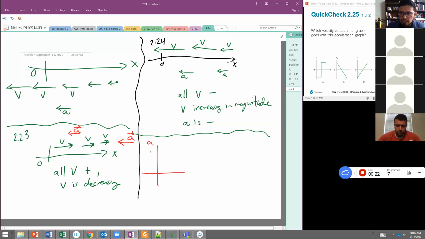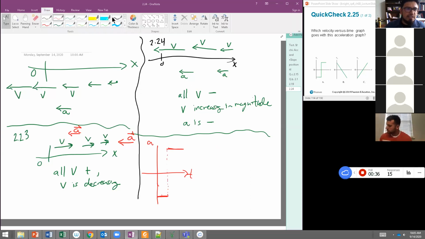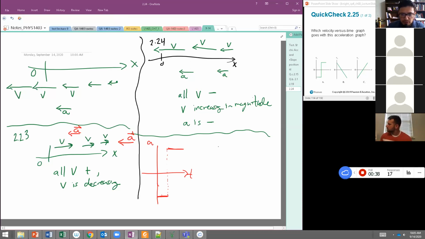Initially, at the initial times, we're talking about a negative acceleration, and then suddenly we switch to a positive acceleration. You want to remember that the slope of the velocity versus time graph is going to give you the acceleration. So when we try to figure out the correct velocity graph, we want a negative slope, and then a positive slope.